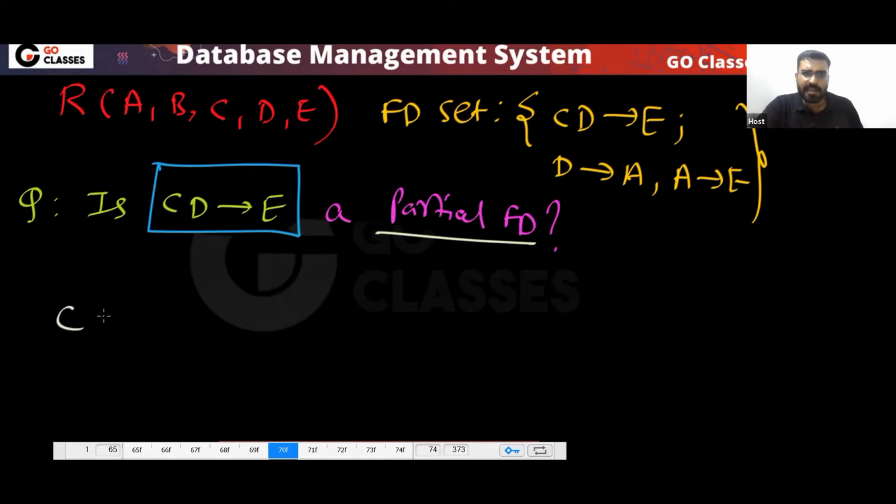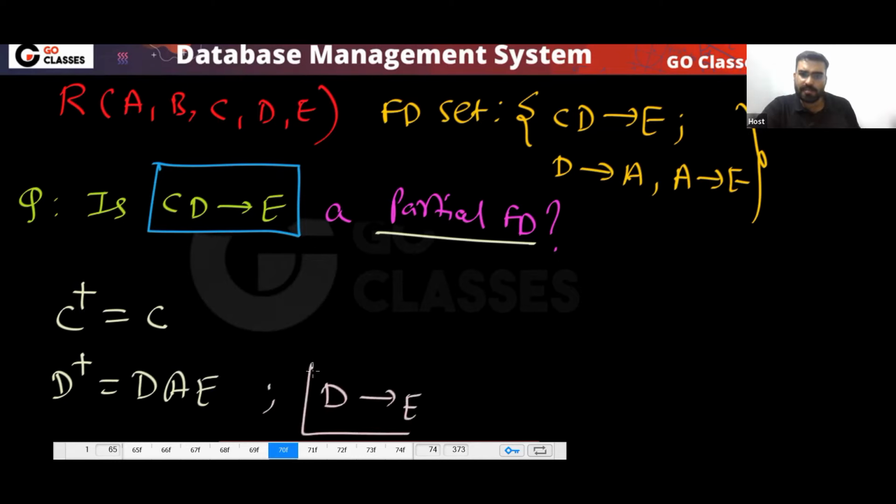So check, can C determine E? Check C plus. What is the closure of C? That is C. What is D plus? D can determine D, D can determine A, and A can determine E. So can I say D determines E? You can notice D determines E. So is this partial?